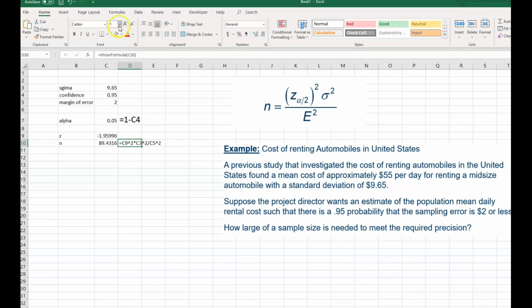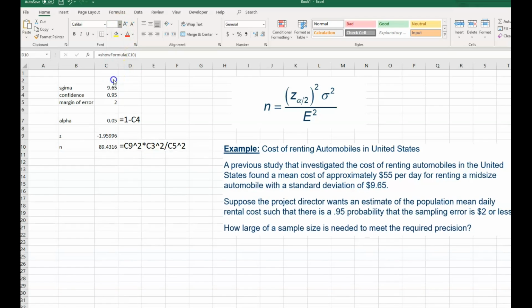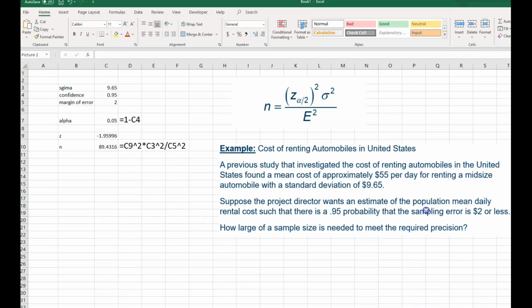Make it bigger. So this is z squared times sigma squared divided by margin of error squared. This is the minimum size required. It's about 90. This is the minimum sample size to satisfy this requirement.